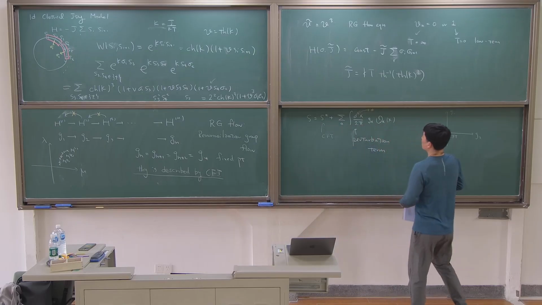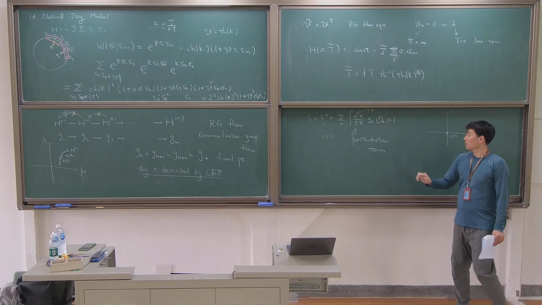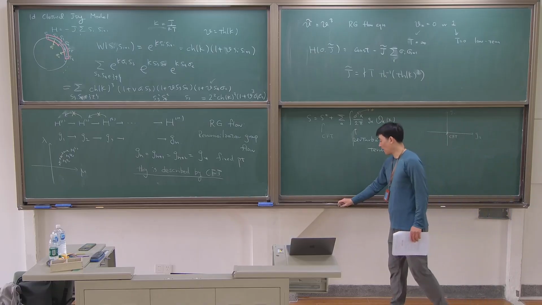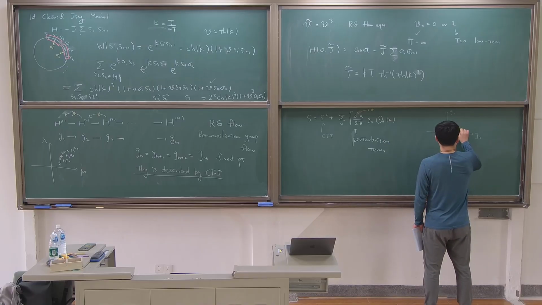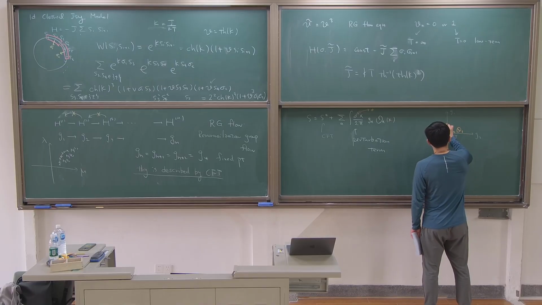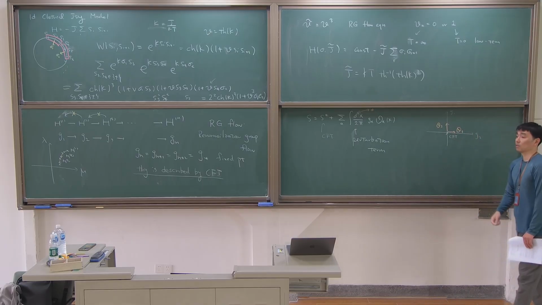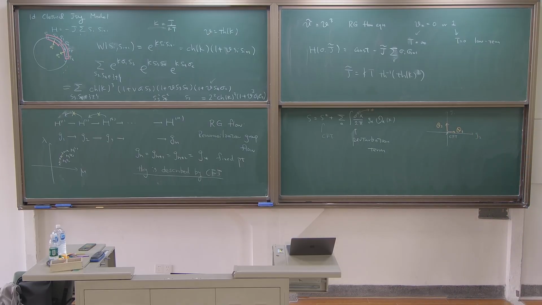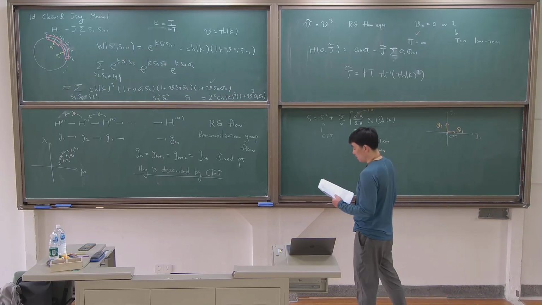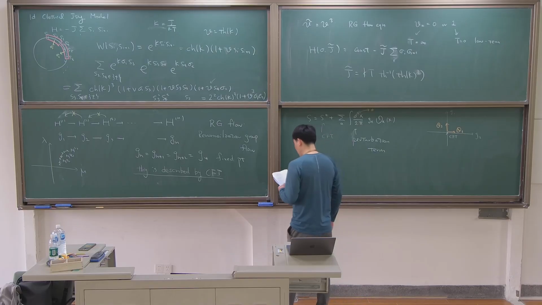By introducing a coupling constant, you introduce an operator to the action. This is for one direction, this is for the second direction. Then we'll see what's going to happen once we introduce this perturbation term.